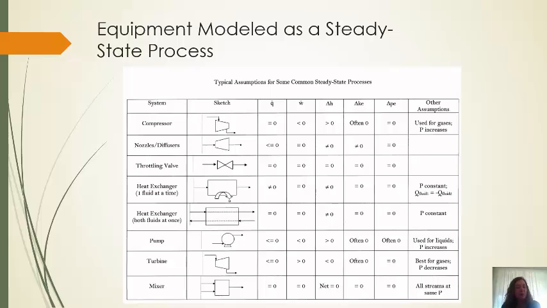Next very, very important category of equipment is the pump. A pump is very similar to a compressor except it works for liquids. And because of that, it's going to change some of the things we have to do in the analysis. But the basic assumptions are typically true. Now, a pump is frequently insulated, in which case Q is zero.